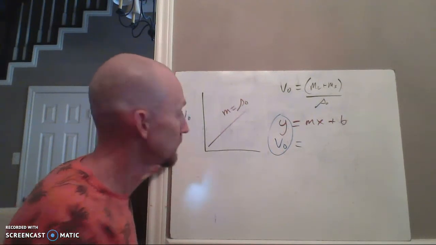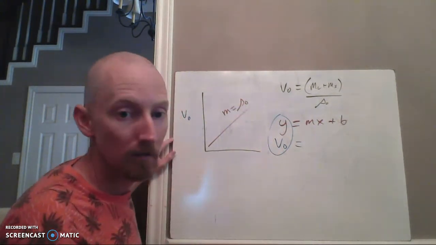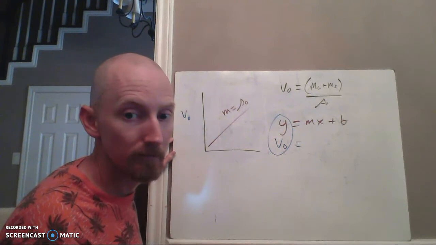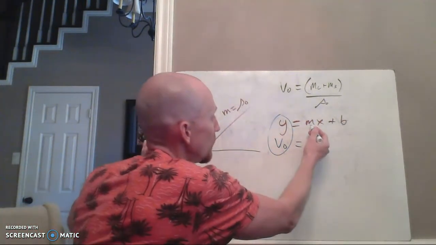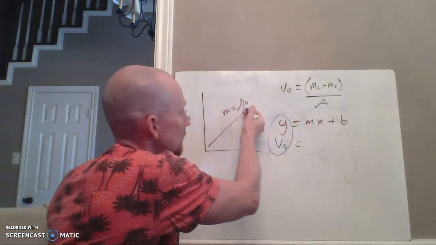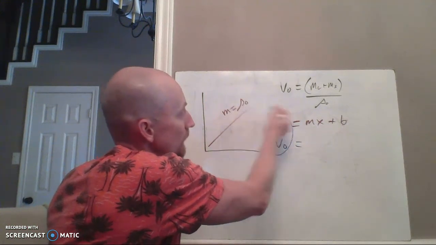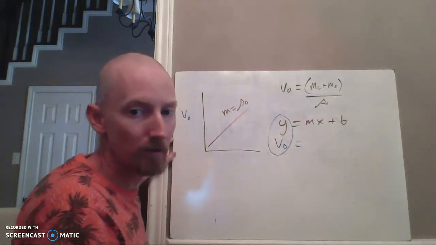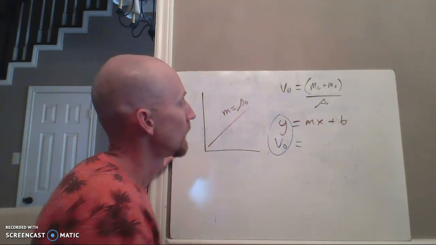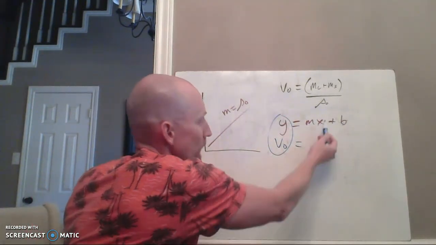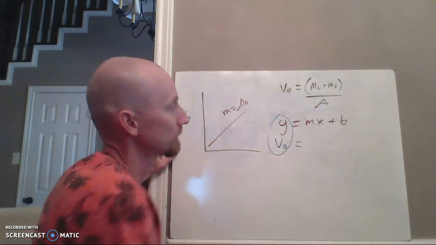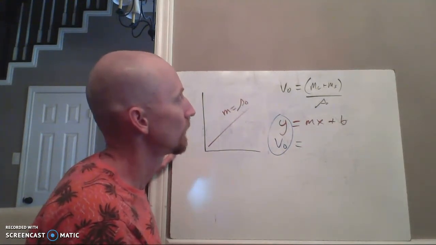I'm halfway there. I just need to figure out what am I going to graph on the x-axis. Okay. Well, I want m, which is my slope, to be rho naught. It's in the denominator. This is a little tricky. Okay. And then this is x. Whatever this ends up being is what I'm going to put down here. Okay. So this is tricky.